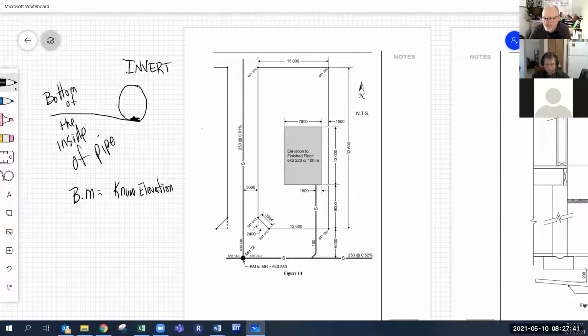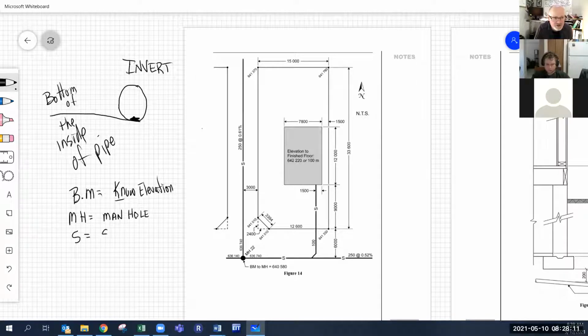There we go. So a benchmark is a known elevation. In this particular diagram, an MH is classified as a manhole. Is a manhole.